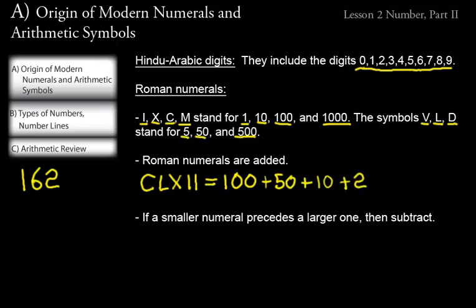And so we'd say 100 plus 50 is 150, then add 10 to that, that's 160, add 2 to that, that's 162. So CLXII equals 162.